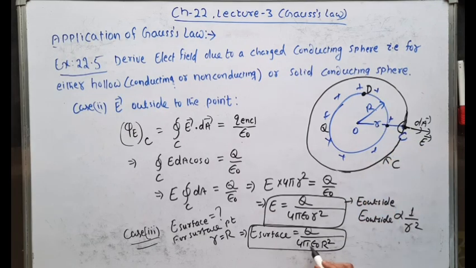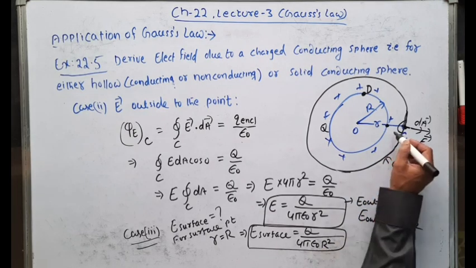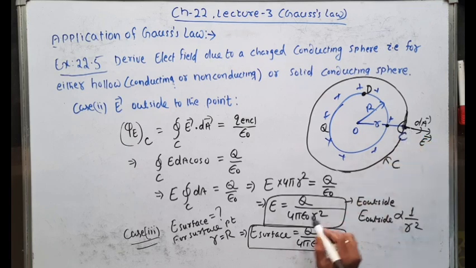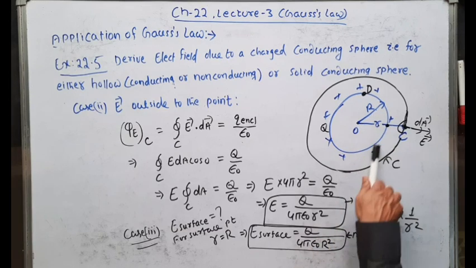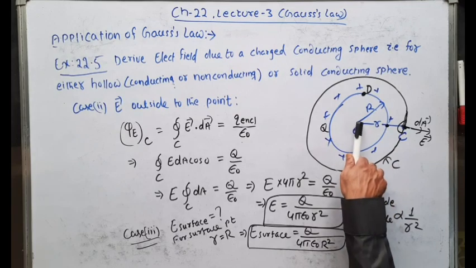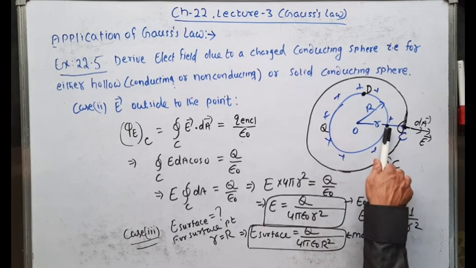On the surface, this is the electric field intensity, and outside, this is the electric field intensity. Here you see at which point the electric field intensity is maximum? On the surface. Inside the spherical conductor, electric field intensity is 0, and on the surface it is maximum.